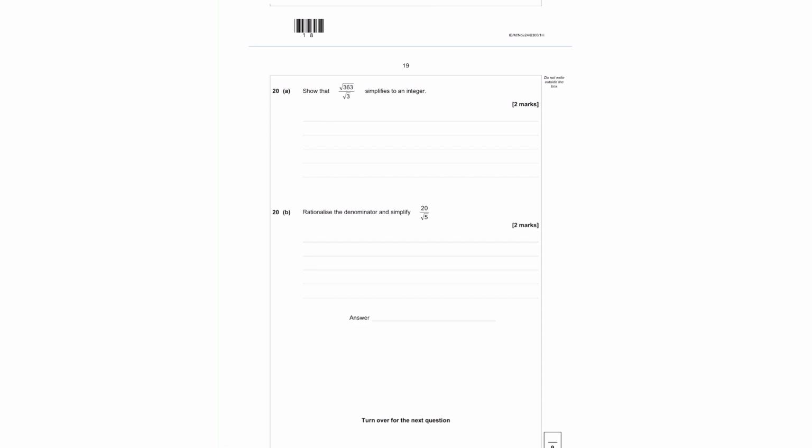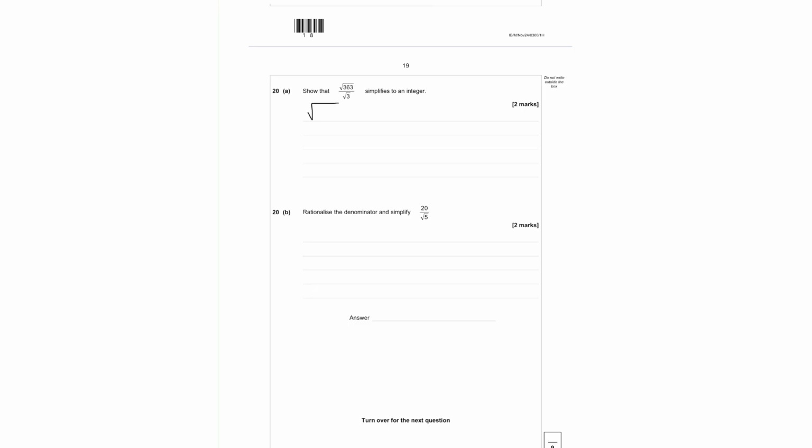Moving on to part 20, show that root 363 over root 3 simplifies to an integer. So the way we are going to work this out is to break this down in terms of the prime numbers. So we can leave root 3 on the bottom. The question is, how can we break down root 363?